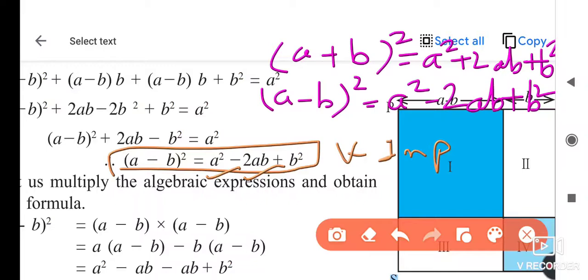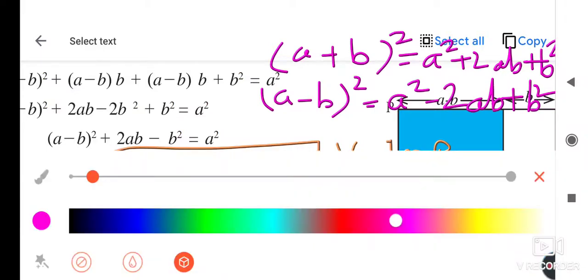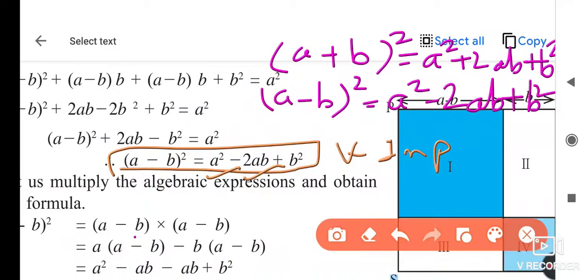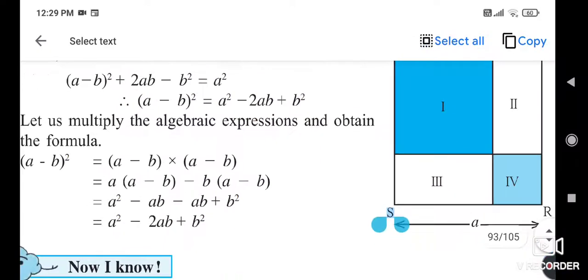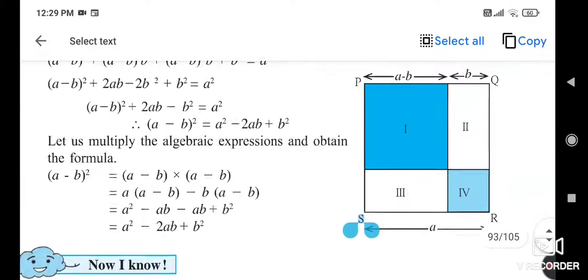In these formulas only one change is there. In the factorization of (a plus b) square, a plus sign comes, and in (a minus b) square, a negative sign comes. All the terms are the same: a square, 2ab, plus b square. Only the middle term changes. So that is the formula we derived from the activity.